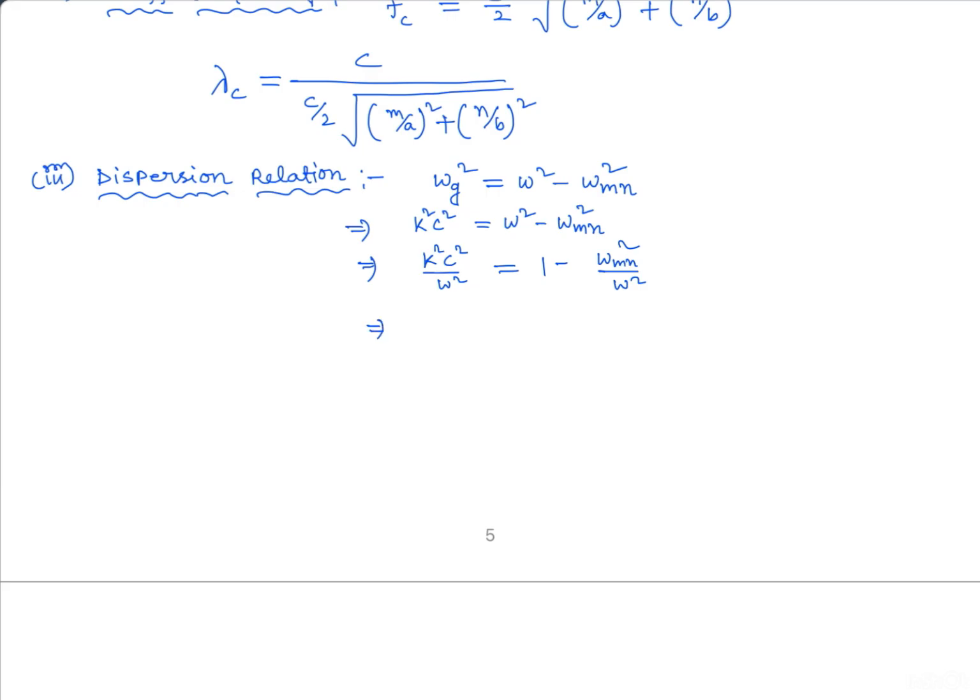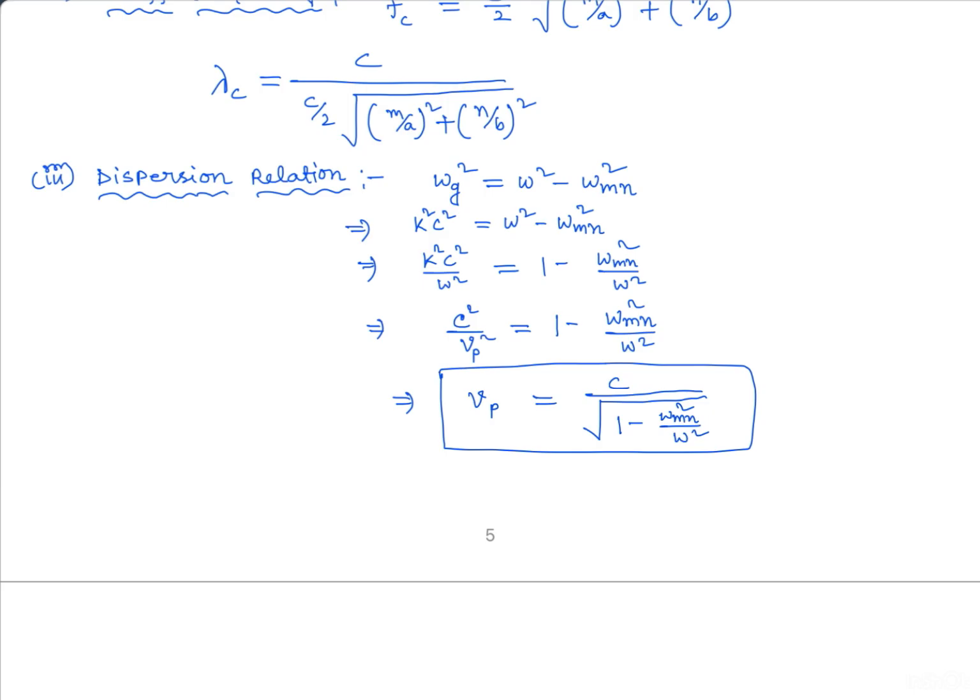So we get c square by vp square equal to 1 minus omega mn square by omega square. So vp equal to c by root over 1 minus omega mn square by omega square. This is the formula for phase velocity.